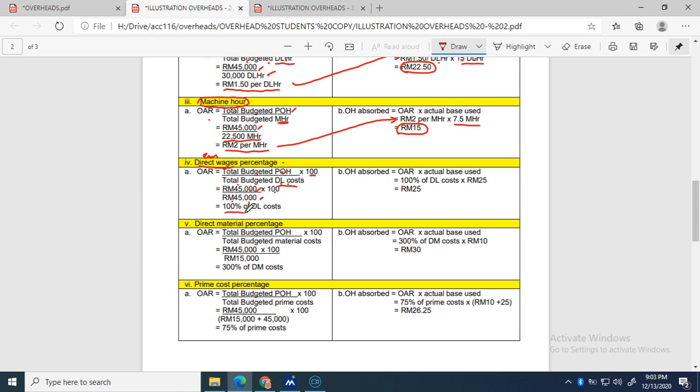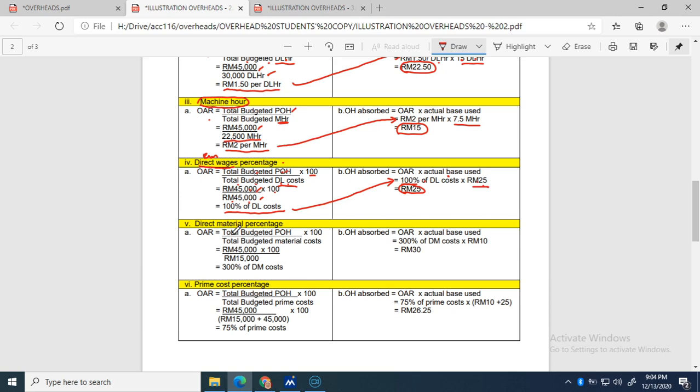So we get 100% of direct labor cost. To get the overhead absorbed, OAR 100% of direct labor cost, you should times with direct labor cost. So the basis here is direct labor cost. For the job, direct labor cost is 25 ringgit. So 100% times 25 ringgit, you get 25 ringgit for the job.